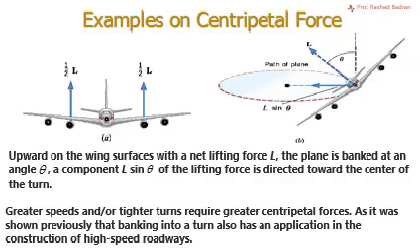If you look at the airplane wings in the banked turn, the lifting force of the plane is L in this direction, and in a similar manner to the banked turn, it has two components, along the radius of the turn, and the component responsible for the motion is L sine theta, and obviously there is a component of L cosine theta in this direction, balanced by the weight mg.